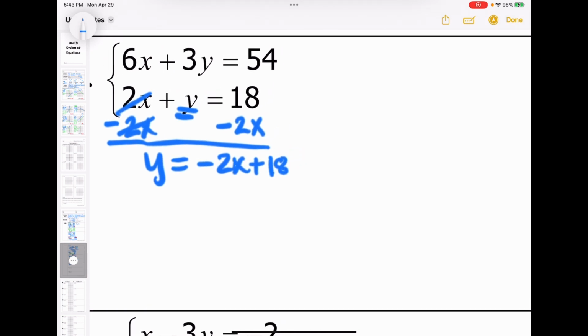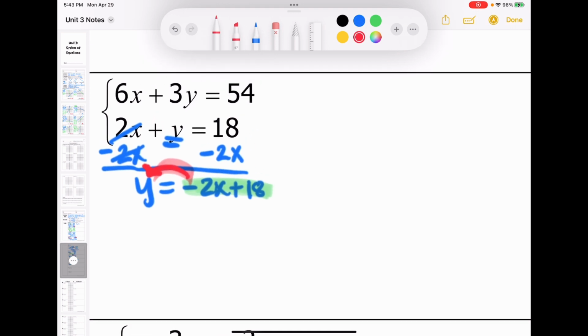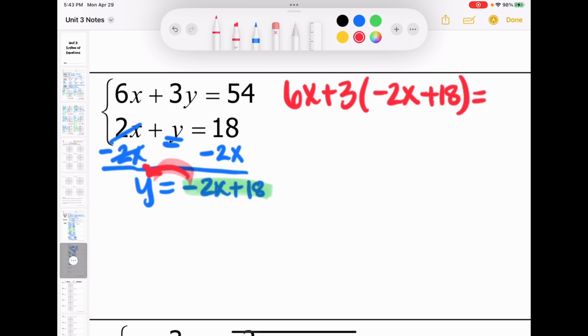All right, now I'm going to take that and I'm going to substitute it into the first equation for the letter y. So I'm going to have 6x plus 3 parentheses negative 2x plus 18 equals 54. I'm going to check. We only have one variable here, so I can move on.